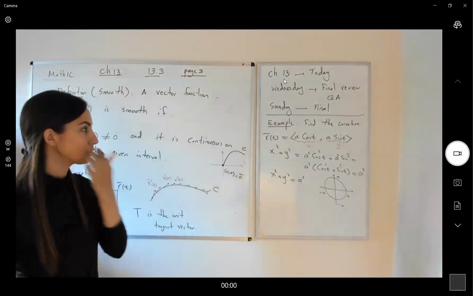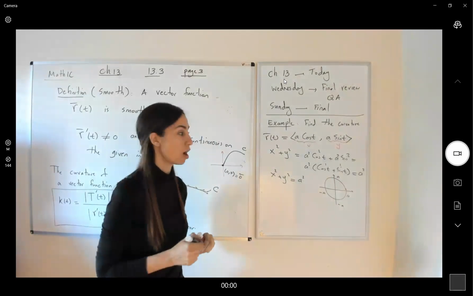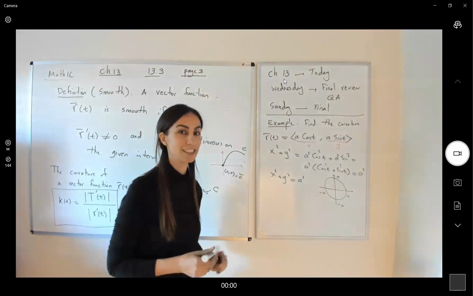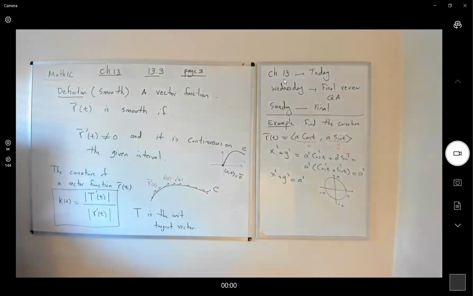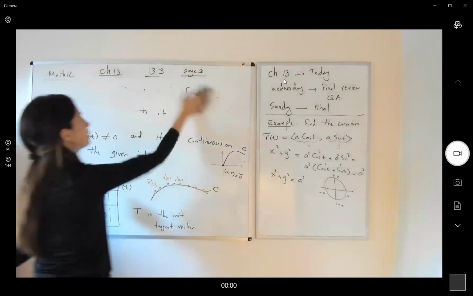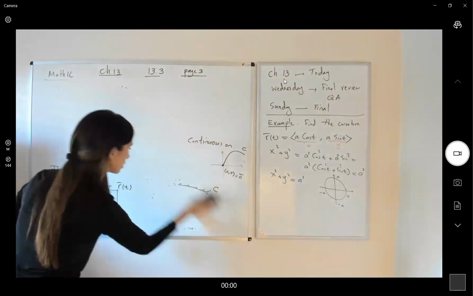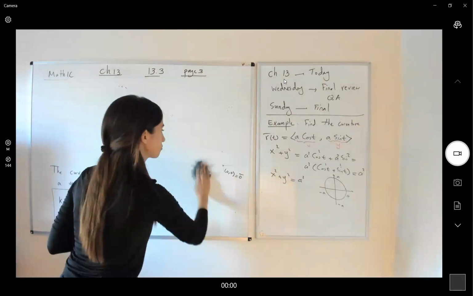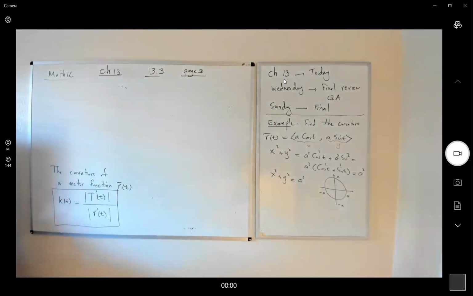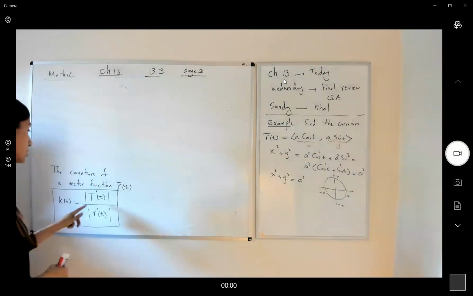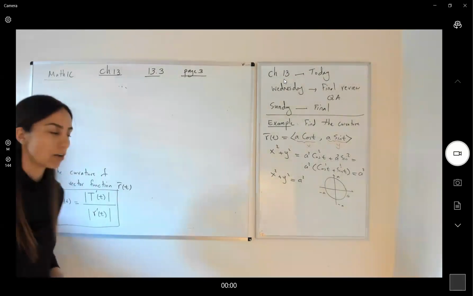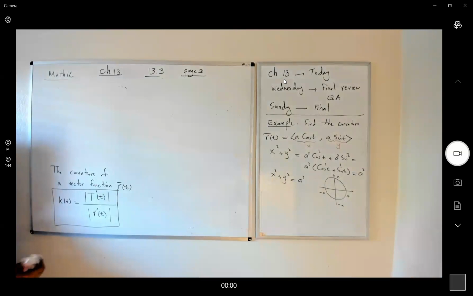So our goal is to find the curvature of this circle. Let me erase this one and write down the formula for you. The curvature formula is just down here. So what do we need? We need to take the derivative of the function, form the unit tangent vector, take the derivative of it, and see what's going on.